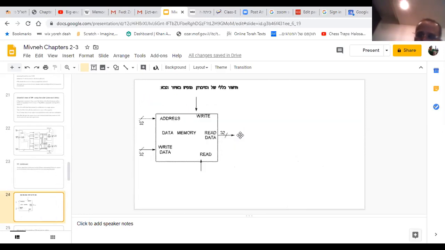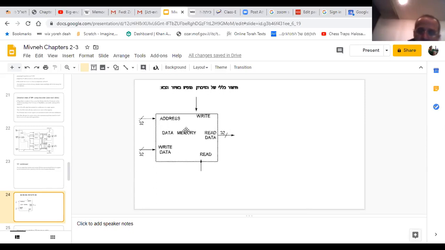Okay. So this is a general description of the memory. As far as I recall, we're not really going to explain memory so much, but this is all the data memory.